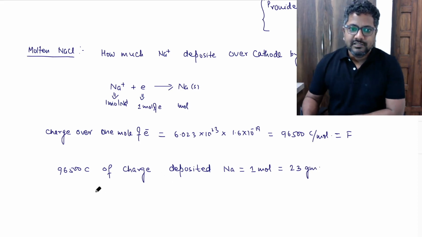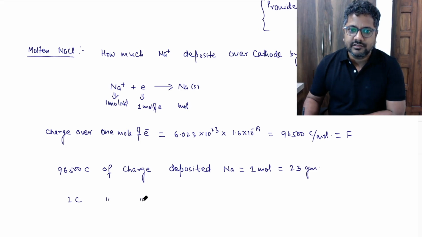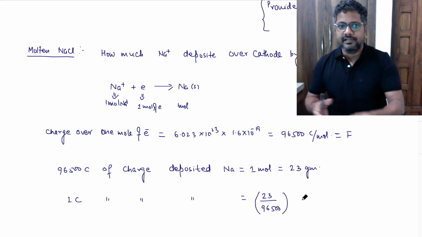Okay, so you can write 1 coulomb of charge deposits sodium equal to 23 divided by 96500. Got it?